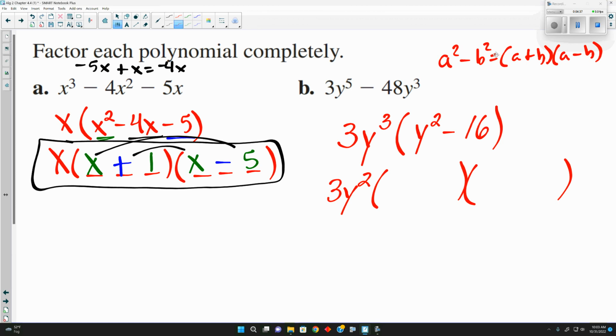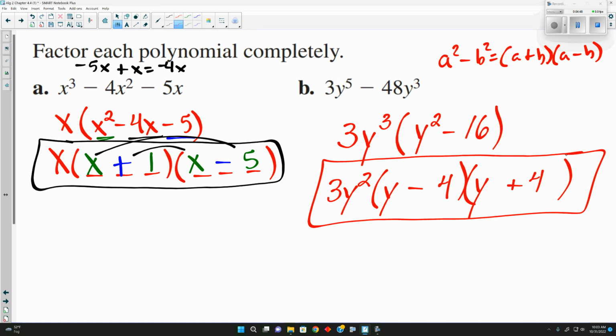In this case, a is y and b is 4, and we have opposite signs. Any questions on this so far?